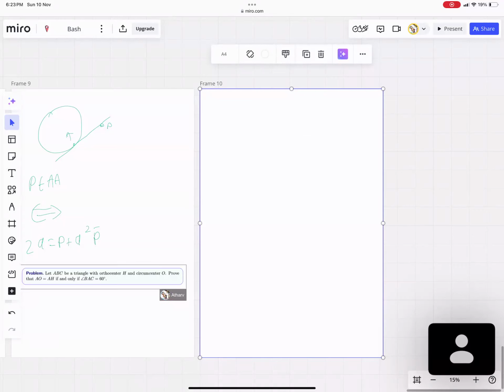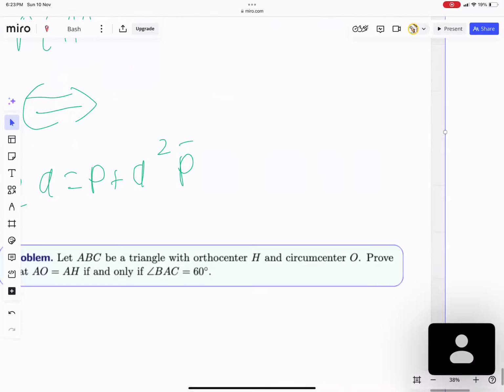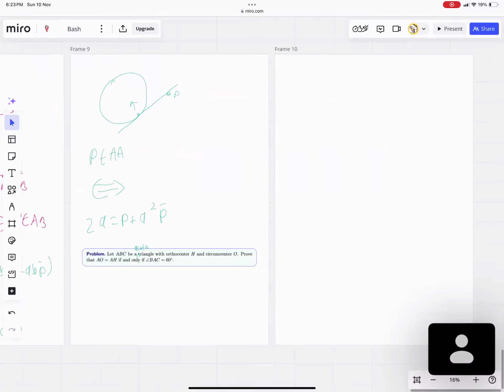Okay, so you can read the problem and think about it for a minute or so. Just know this is an acute angle triangle. Does anyone have any ideas?